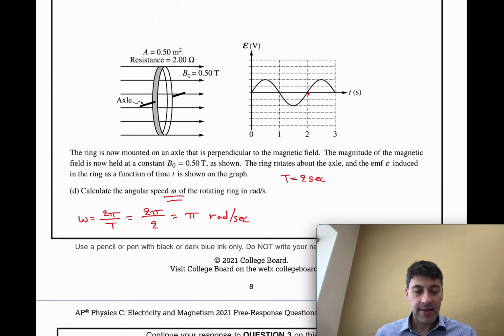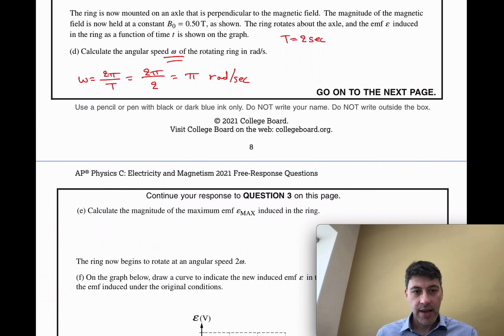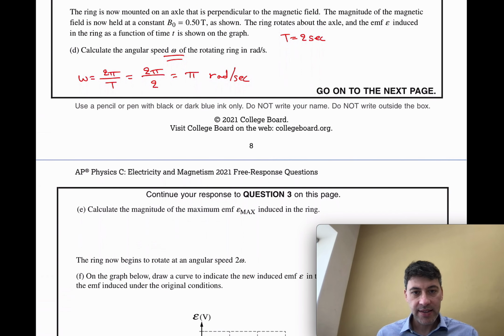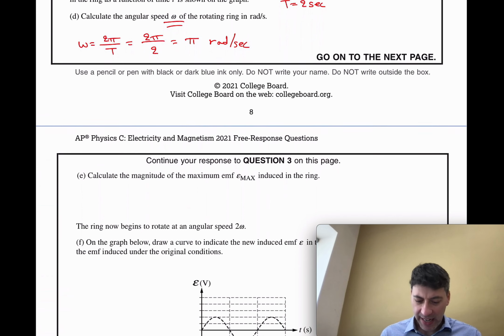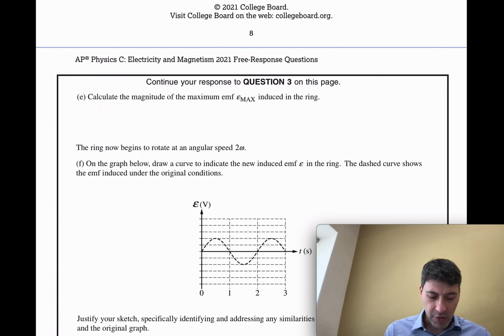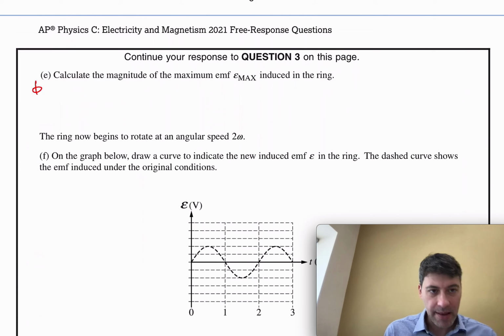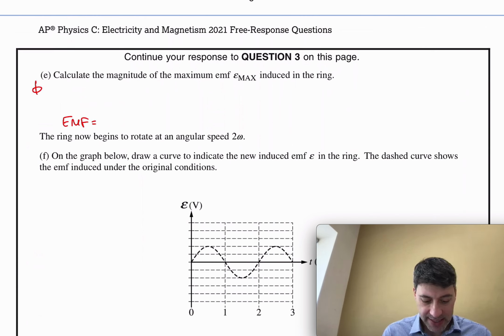On the easy side, we need to calculate the maximum EMF, the maximum induced voltage on the ring. Maybe this will take a little bit long, but we need an expression for the magnetic flux, because the EMF is minus number of turns multiplied by the derivative of the magnetic flux.